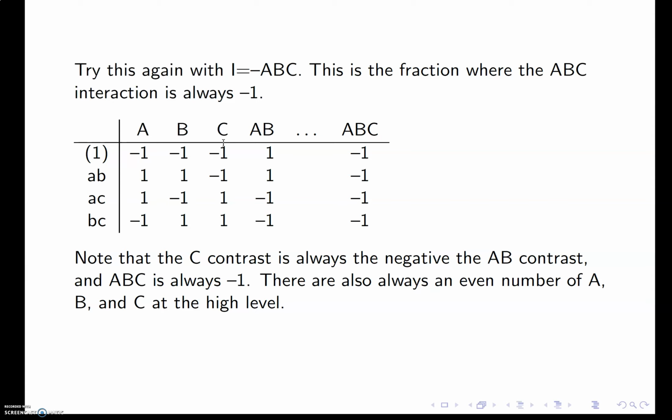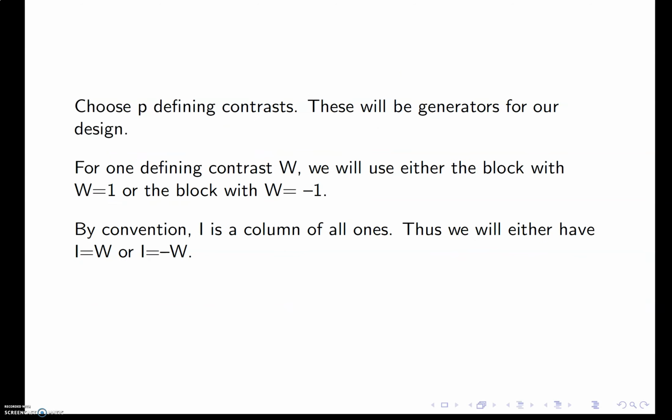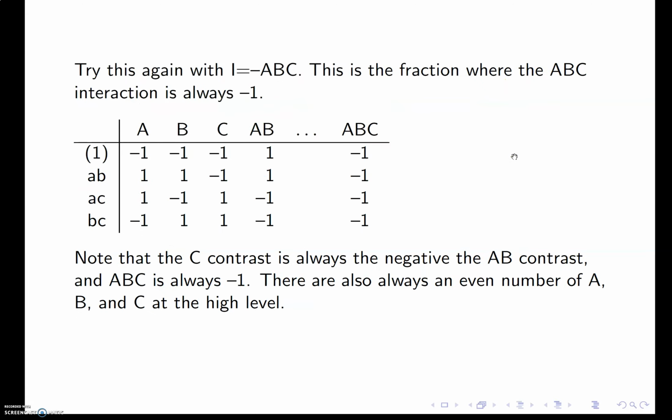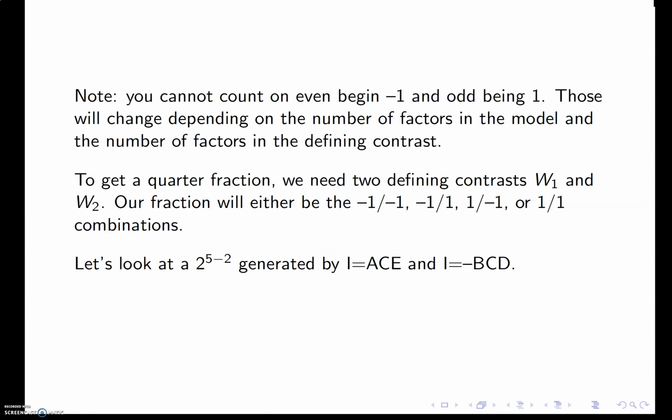So notice how choosing how you block, whether you use your defining contrast W equal to 1 or W equal to -1, is going to be important in terms of the effect on your design. Some of the exercises will help you walk through this a little bit more.